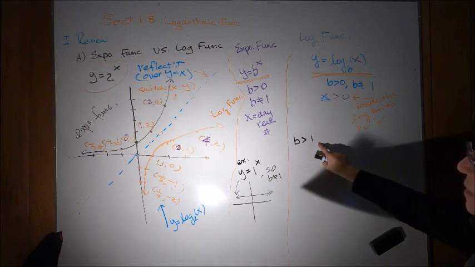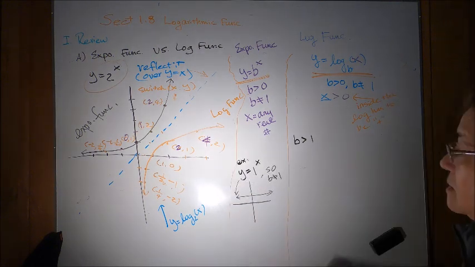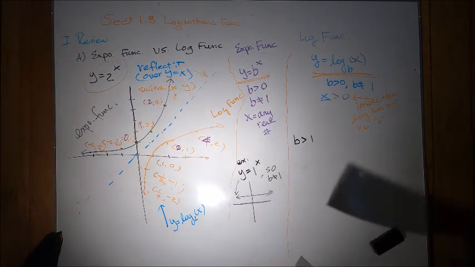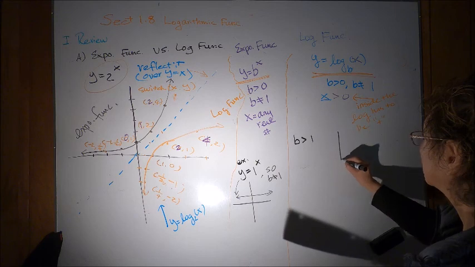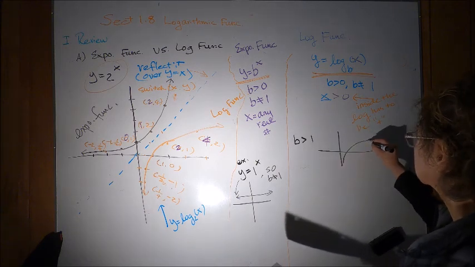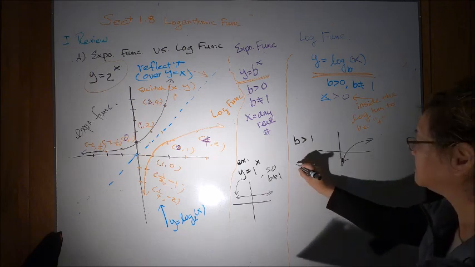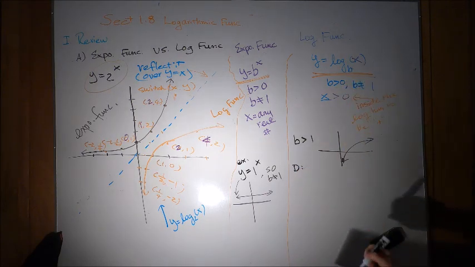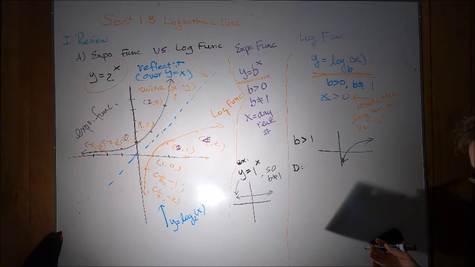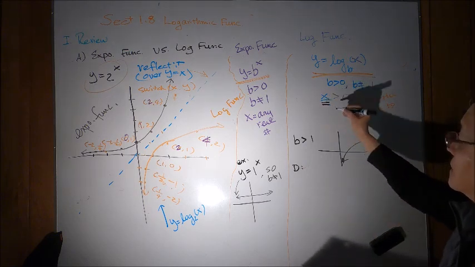So what happened here for that line? Okay, so your graph looks like this, right? From there. So what's your domain for the log? That means the domain is all possible x values, right?